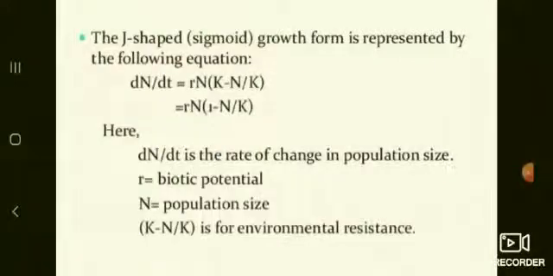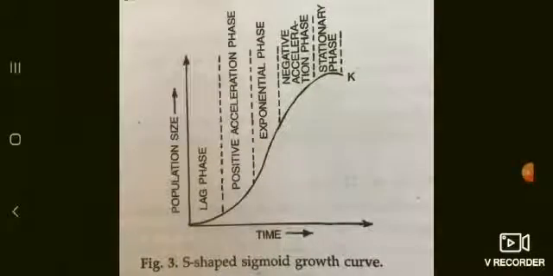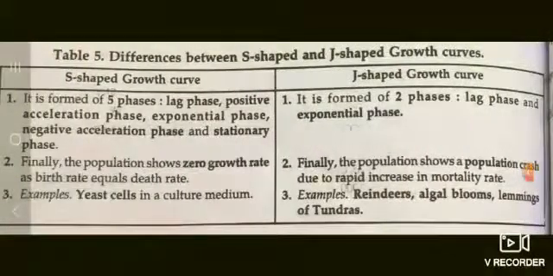Now the next is the S-shaped sigmoid growth curve. This is a curve in which lag, positive acceleration, exponential, negative acceleration phase and the stationary phase are shown. Now there is a difference between the S-shaped and J-shaped growth curves.